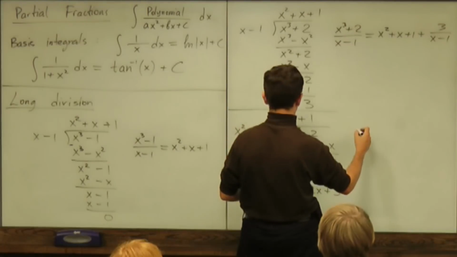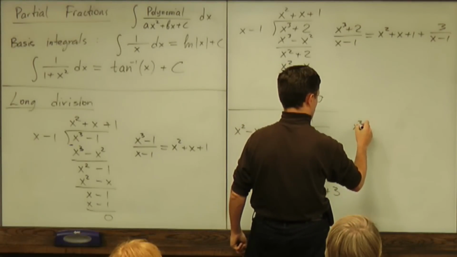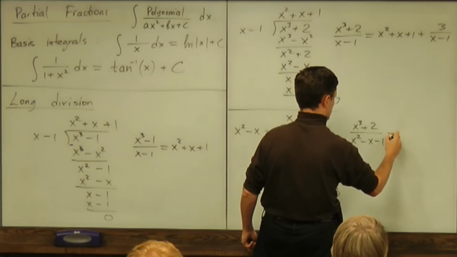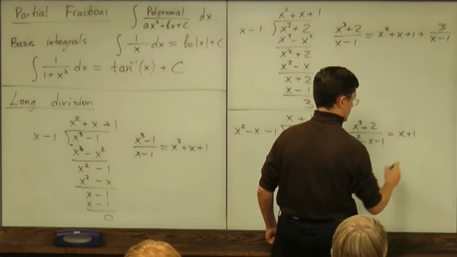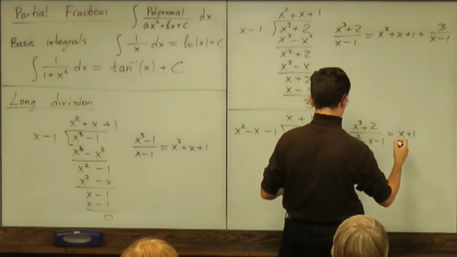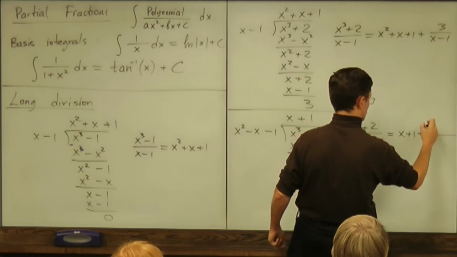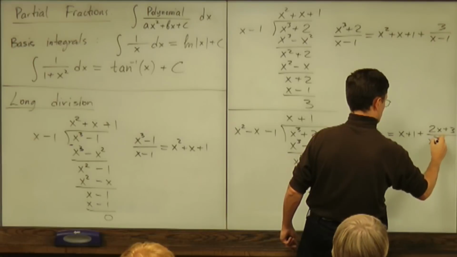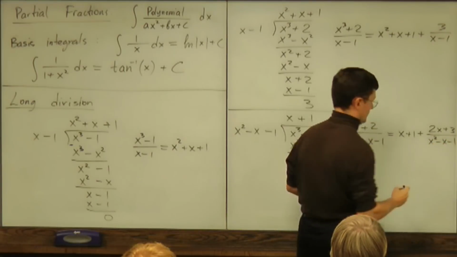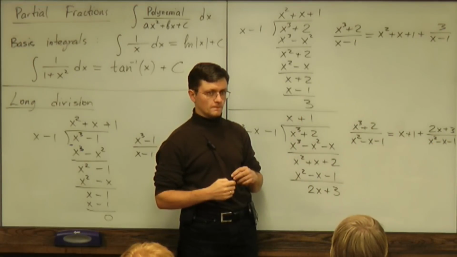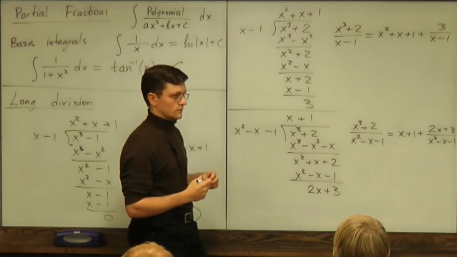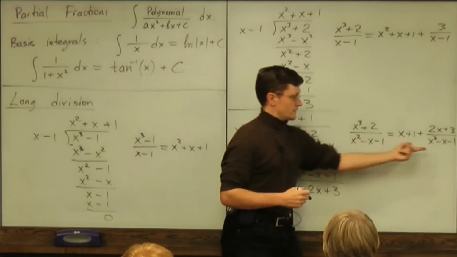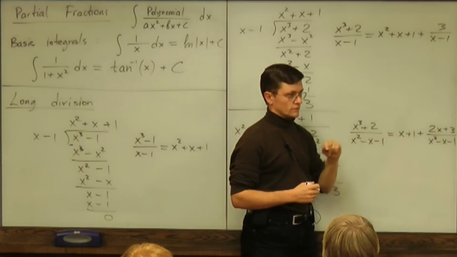And it means that in terms of fractions, x cubed plus 2 over x squared minus x minus 1 is equal to x plus 1, which is easy to integrate, plus the fraction 2x plus 3 over x squared minus x minus 1. Well, the denominator remains the same, right? The numerator is changing.